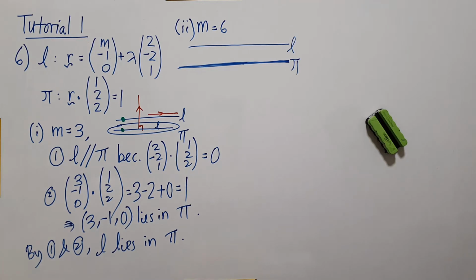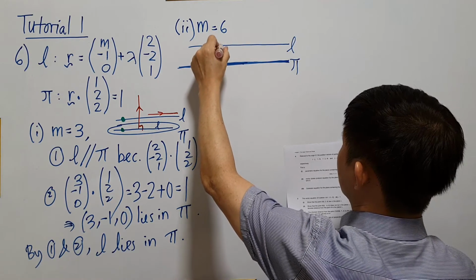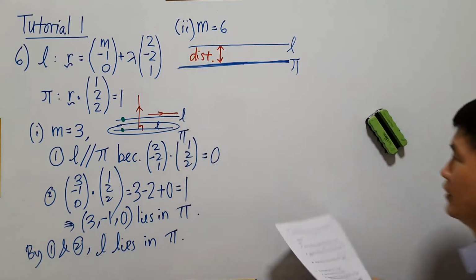Okay, from far. So now in this question, given that the line L does not lie on the plane pi, you are asked to find the shortest distance between the line L and the plane pi. So you are asked to find this distance. Right.